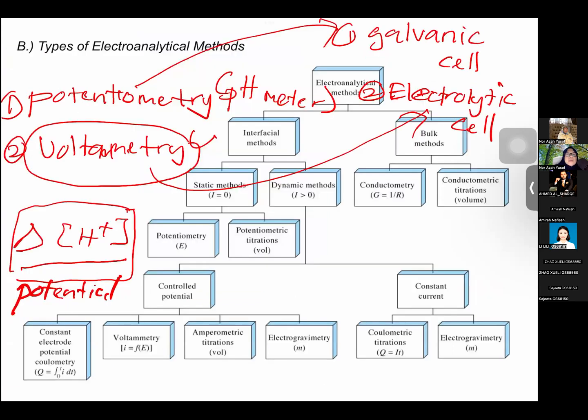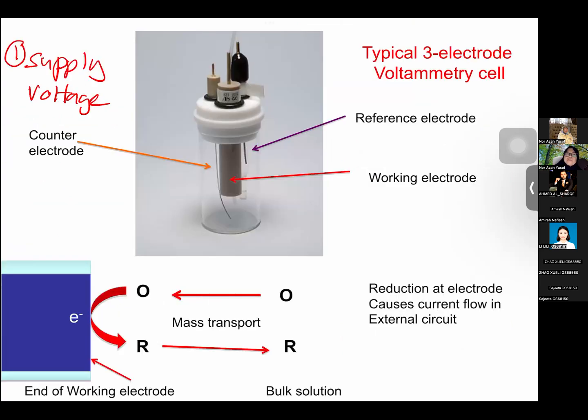Just now I mentioned about potentiometry, you do not need to supply voltage because the reaction itself will generate potential difference spontaneously. But for voltammetry, you need to supply voltage in order for the reaction to happen. Okay, so you imagine this is where you put the chemicals.